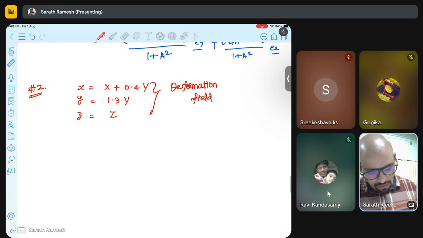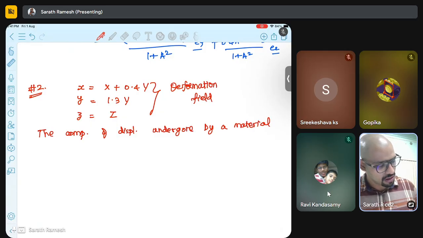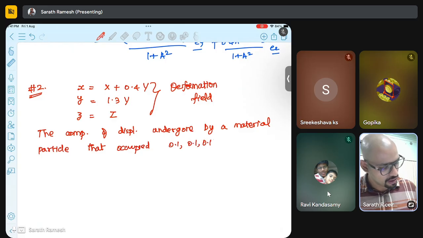Now what we have to find? The component of displacement undergone by a material particle that occupied point 0.1, 0.1, 0.1 in reference configuration.